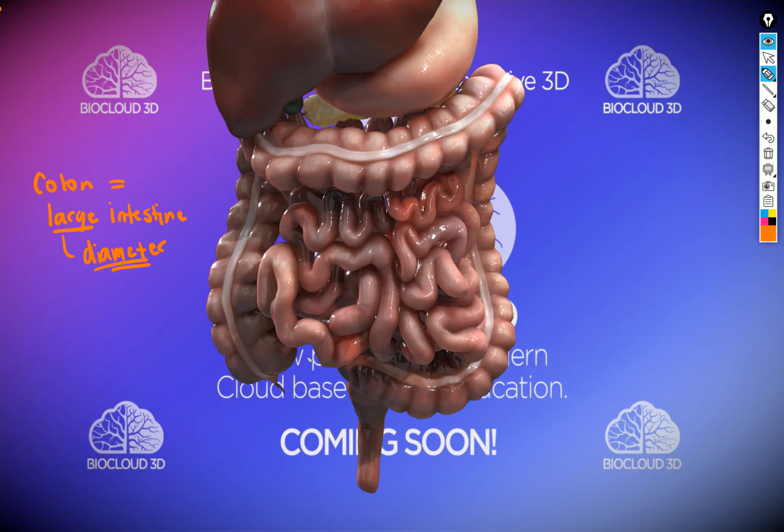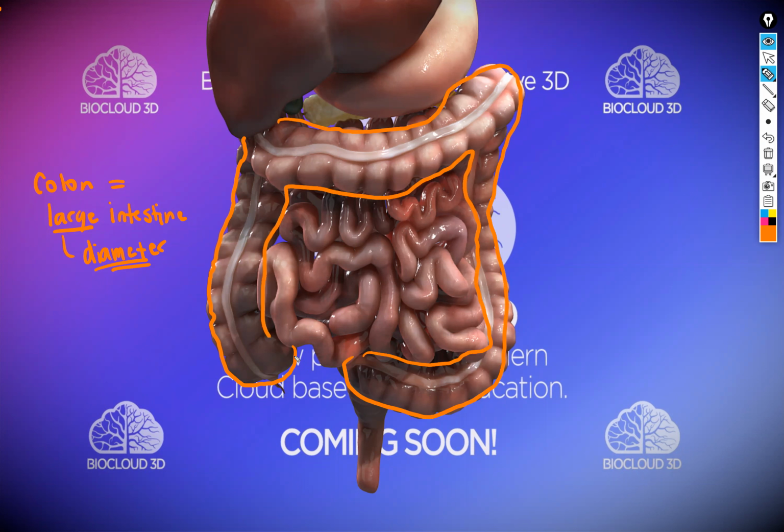So I'm going to outline the entire colon right now. So that is the colon, or large intestine.